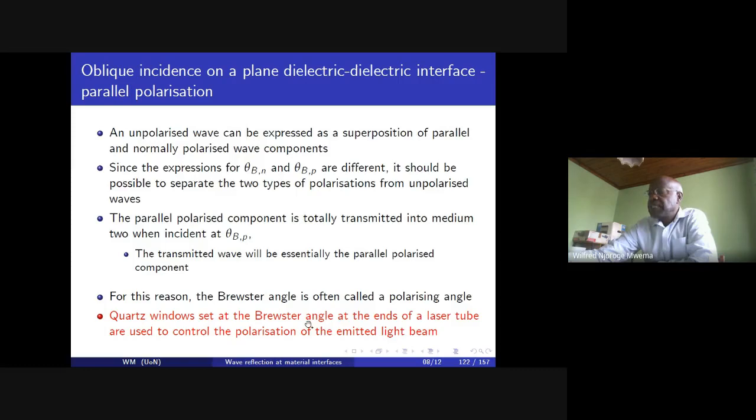And therefore what is done is that where they are connected together, they will be cut at a Brewster angle, so that a light wave that is going parallel to the axis of the fiber will be approaching the splice at an angle of incidence that is at the Brewster angle, and therefore there will be no reflection where you have put the joint and it goes through. So we say that the quartz windows will be set at the Brewster angle at the ends of a laser tube, to use, and it can be used to also control the polarization of the emitted light wave.